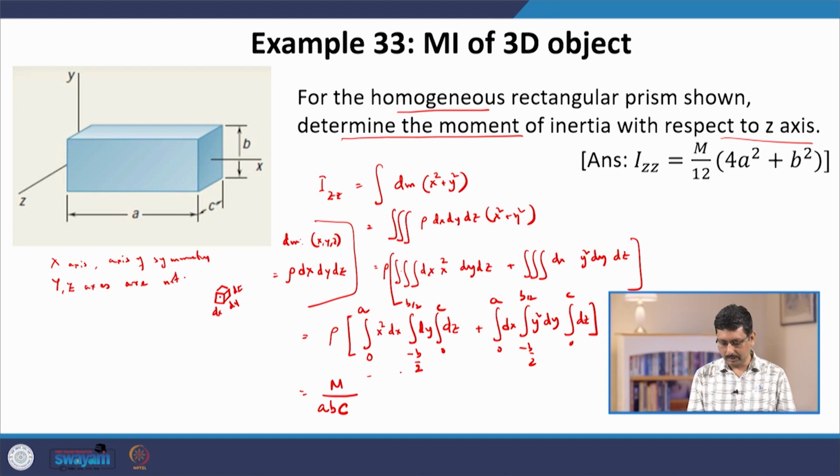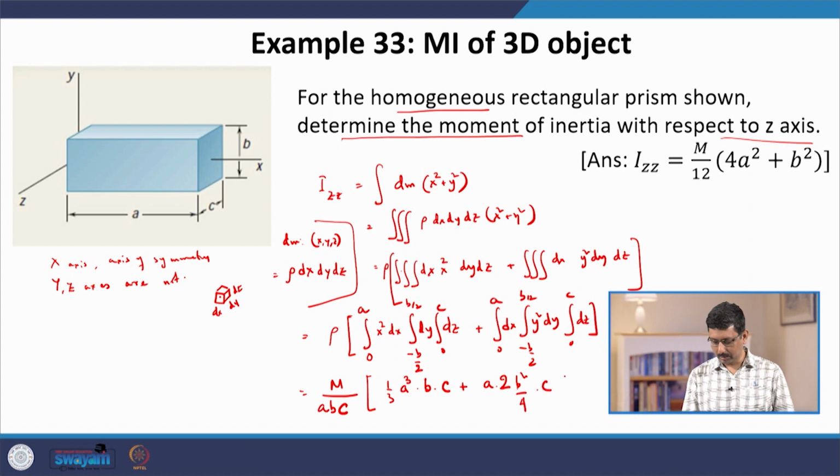Then the first term is 1/3 a cube times b times c, and the second term is a times 2 times b square by 4 times c, which gives b cube by 8.